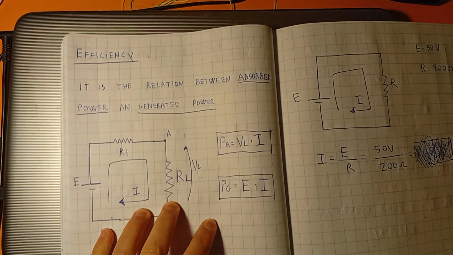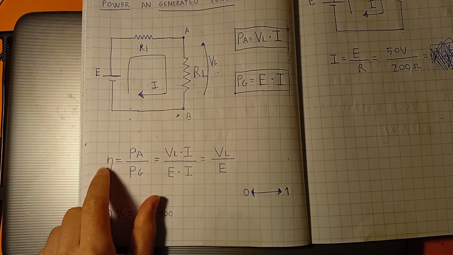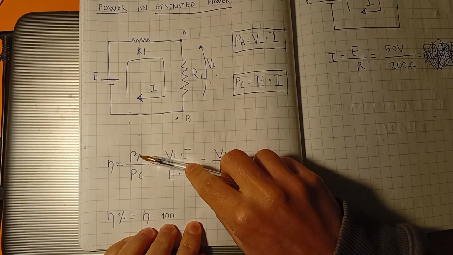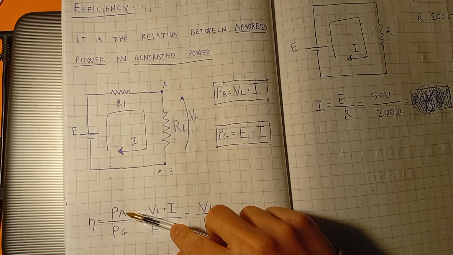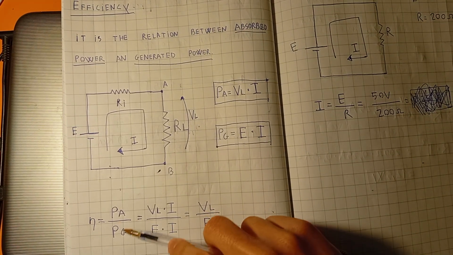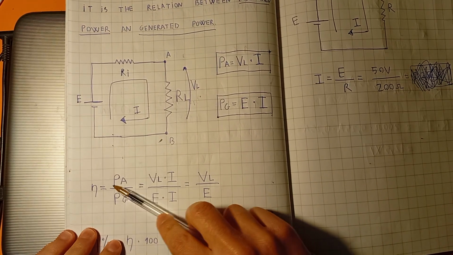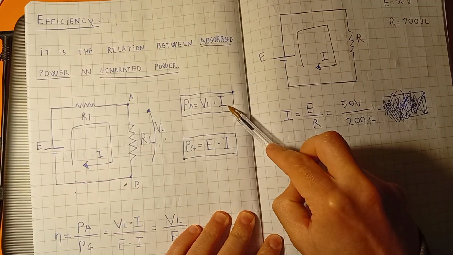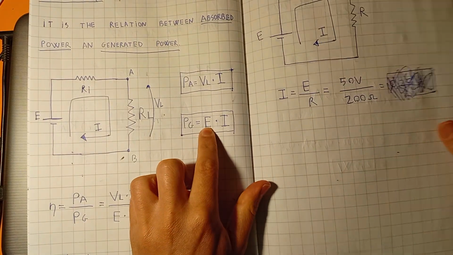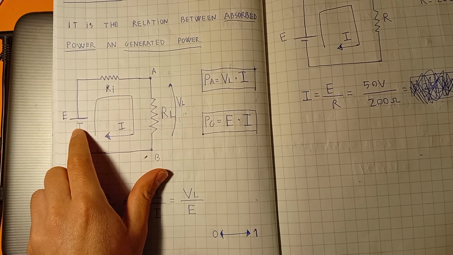So how do I calculate efficiency? Efficiency is calculated with a very simple formula: the relationship between absorbed power and generated power. You just divide absorbed power by generated power. The absorbed power is equal to the voltage drop here multiplied by current, and the generated power is equal to the value of the voltage source multiplied by current.